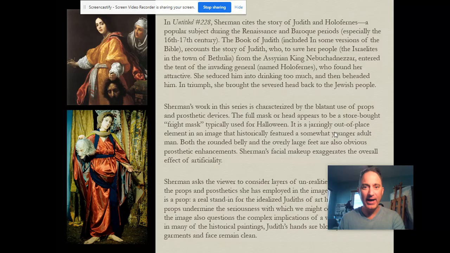Now, when we go back and look at Cindy Sherman's image, we notice the absence of the maid, the handmaid, because she wanted this to be about one female's identity and one female's reaction, one female's power and authority, as opposed to being encouraged or given strength from someone else.